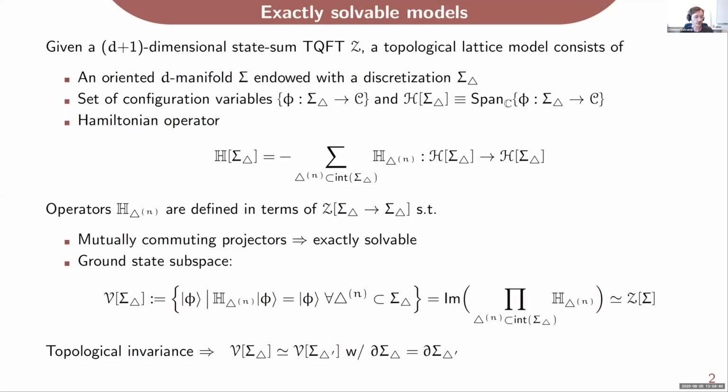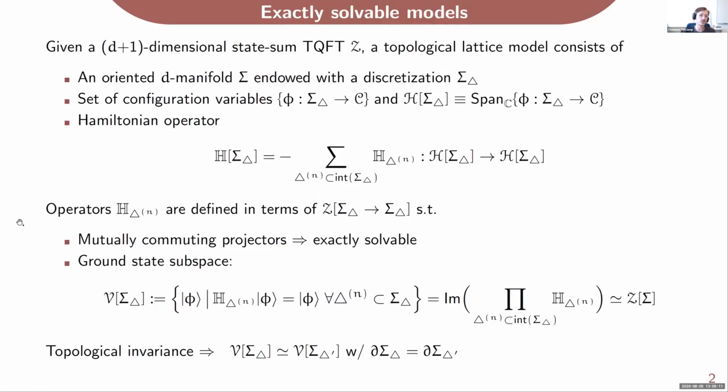The Hamiltonian operator generically is obtained as a sum of local operators, which act on local neighborhoods of the cells of my discretization. These local operators can be neatly defined in terms of what the state-sum TQFT assigns to a special family of cobordisms. This is the key point, because then we can use the topological invariance of the theory to infer a lot of properties.